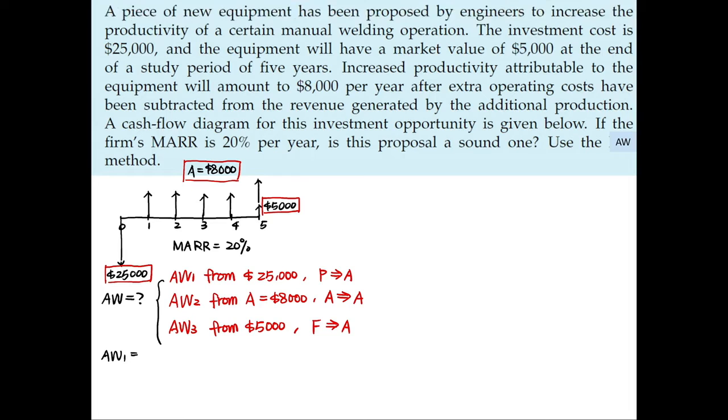AW1. What's that? It's to convert a present value to annuities. So the equation is P times A/P, MARR, and P is 25,000. Don't forget about the negative sign. And that factor is A/P, 20%, N is 5. Okay, so it's negative 25,000 times a factor.